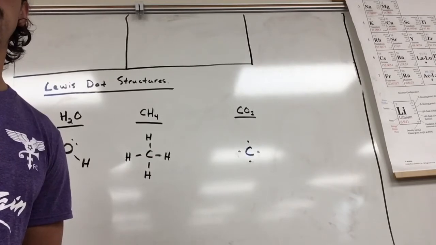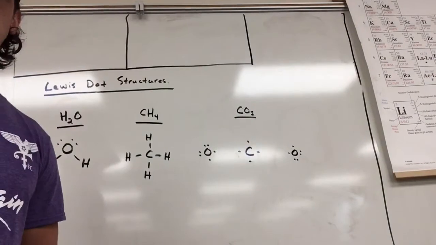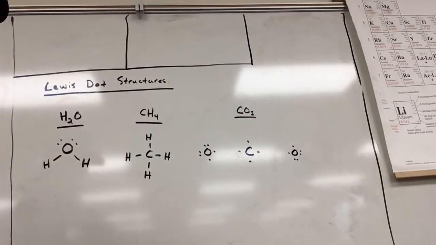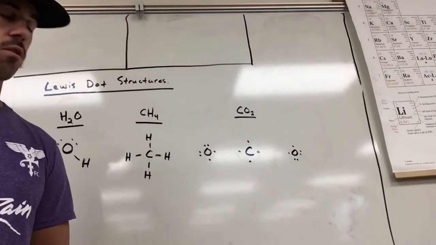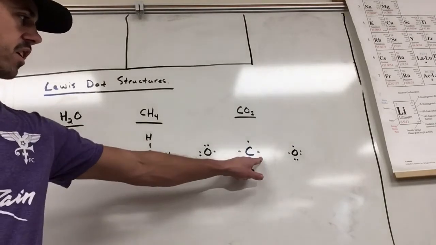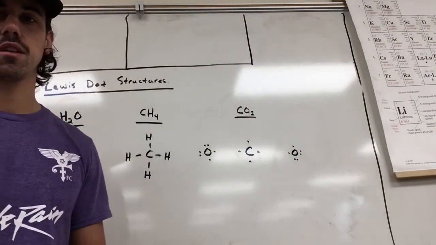And now we'll add in our oxygens and the valence electrons for our oxygens. Each of our oxygens has a total of 6 valence electrons, and my carbon has a total of 4 valence electrons. So what we're going to see here is that carbon is going to form a double bond with both of these oxygen atoms. It's going to look something like this.